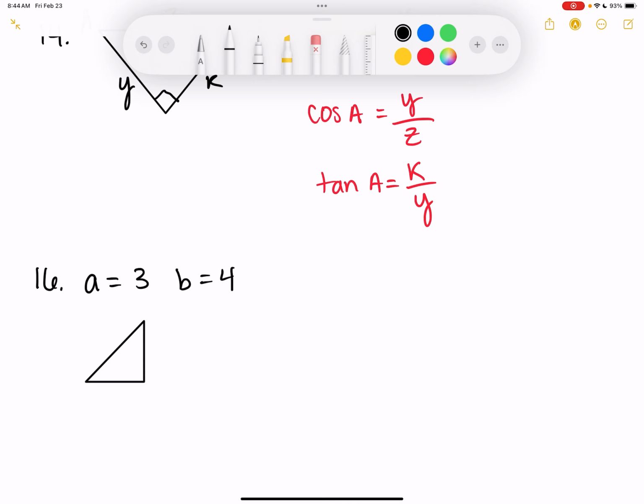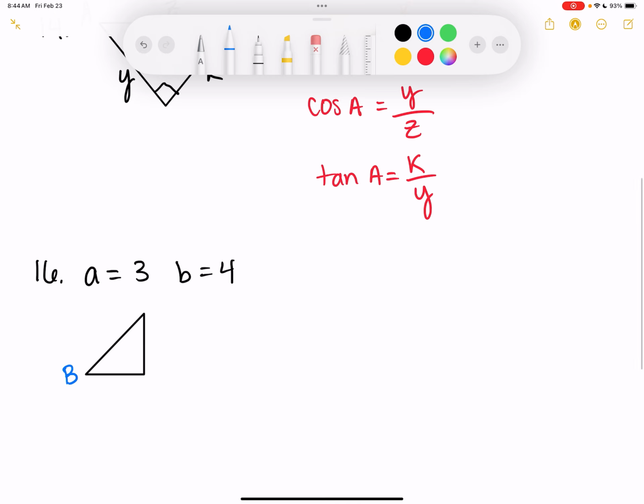I'm solving for angle B, so I'm going to put angle B right here, because visually it's easier for me. Side B has to be opposite of angle B, so this is side B, which is 4. Then this bottom side would be A, which is 3.